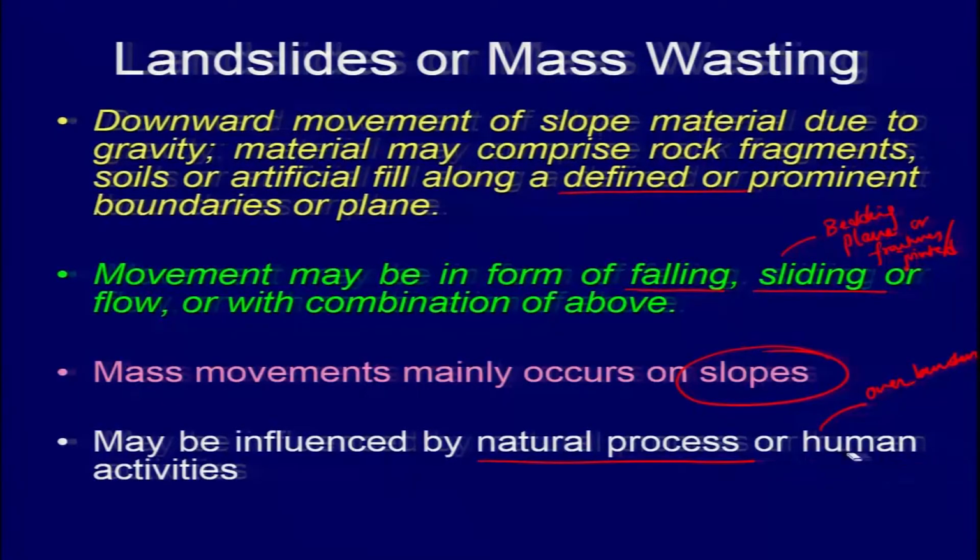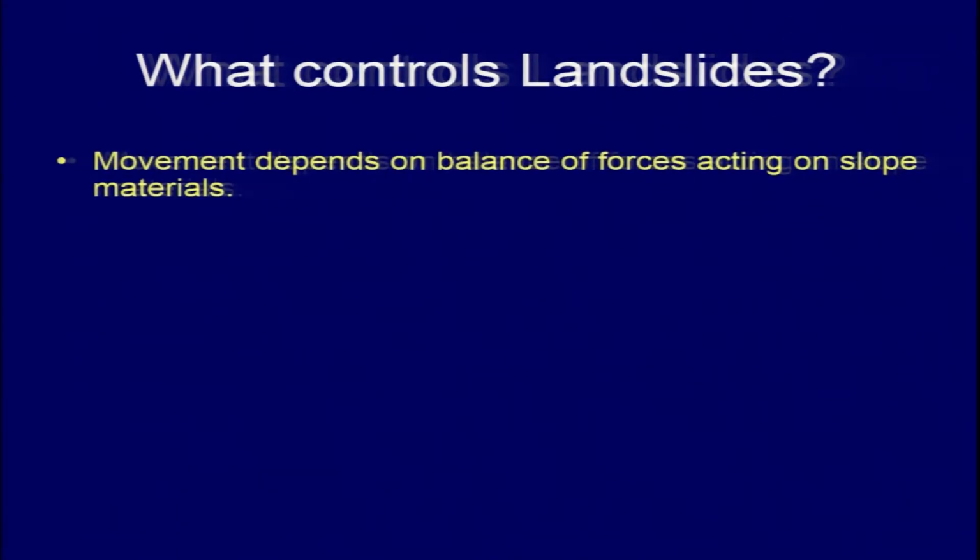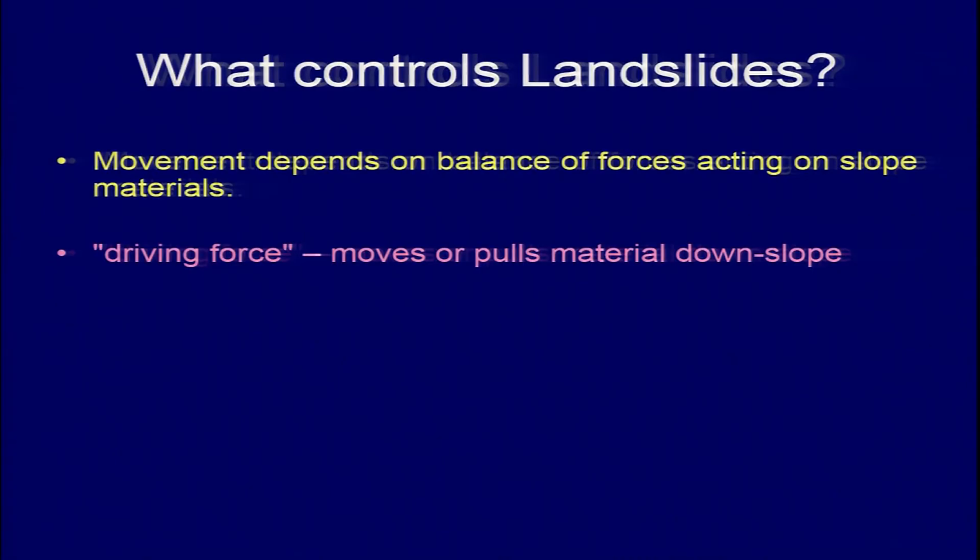There are a few things which are very common, and I would say trivial, but they are very important when it comes to mass movement. So, what controls a landslide? The movement depends on the balance of forces acting on the slope. As we were saying, movement will occur under gravity. So these are the forces which will be acting on the slope. One is your driving force, which always tries to move or pull the material downslope.